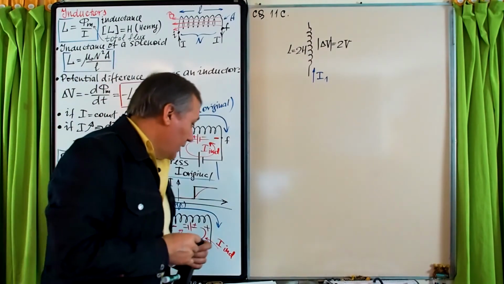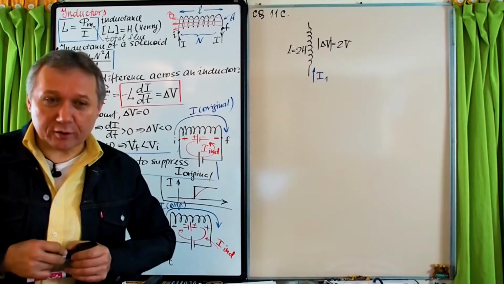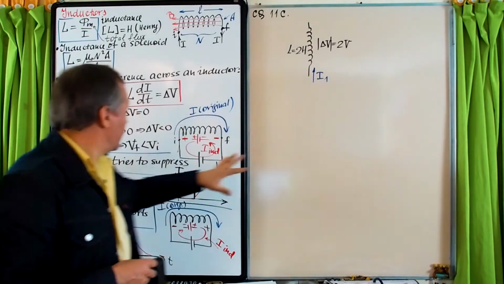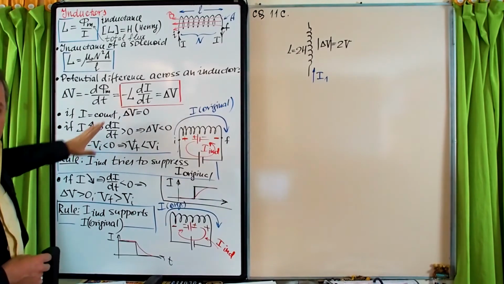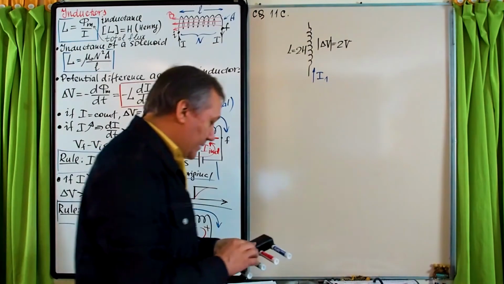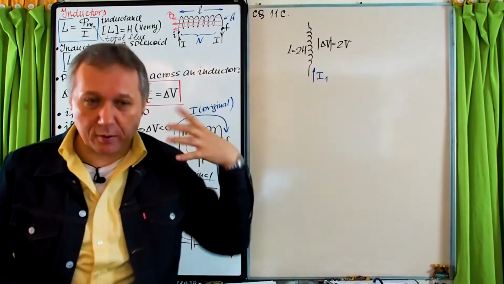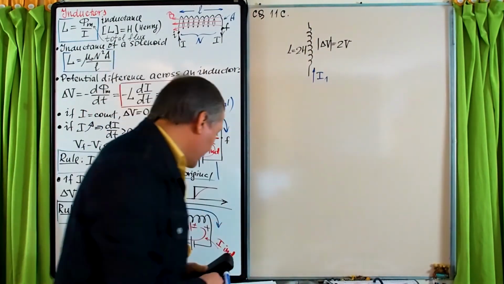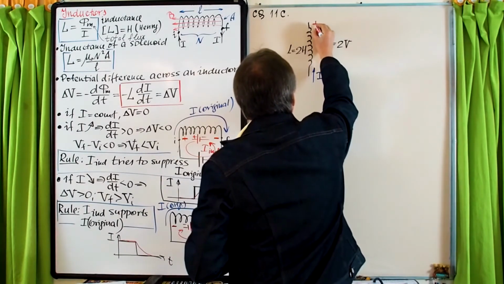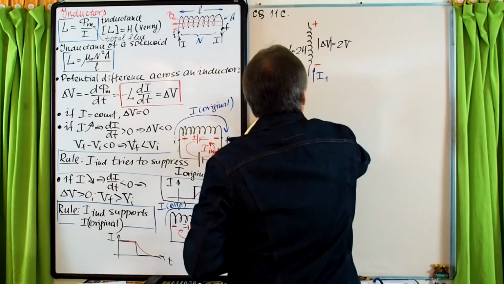Then, also given is the response of the solenoid. So something happens to this original current. It might stay constant, or increase, or decrease. Something happens, and as a result, the solenoid responds with this polarity: plus at the exit of the solenoid and minus at the entrance.